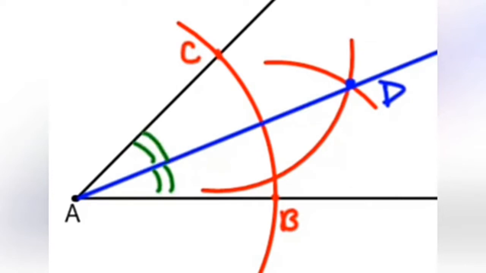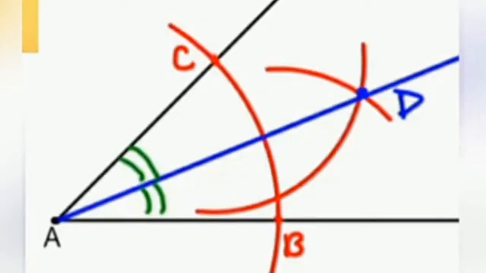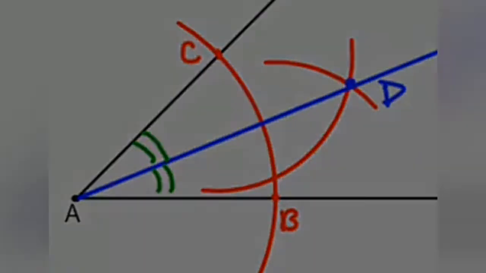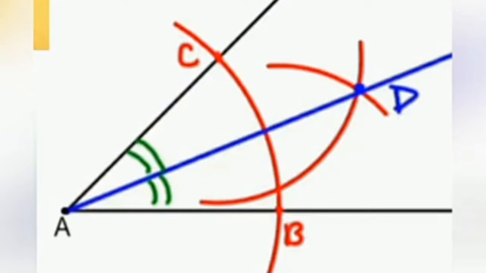You have bisected the angle BAC into angle BAD and DAC respectively. This is a good job, guys. So now I would like you to pause this video, take it back and try it.